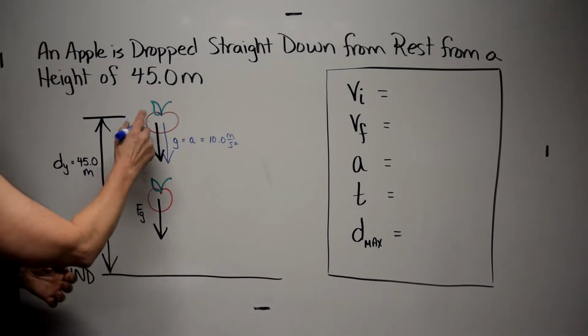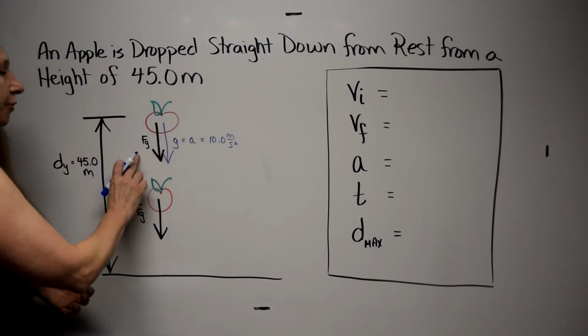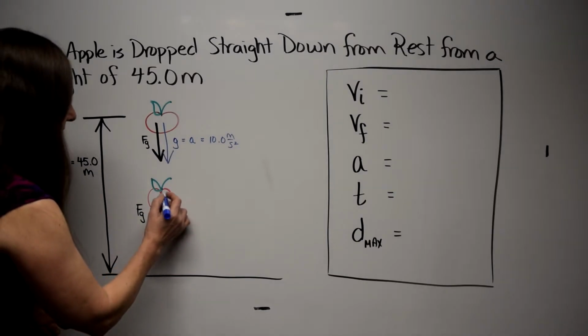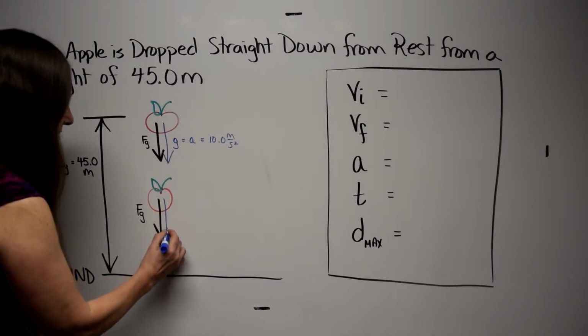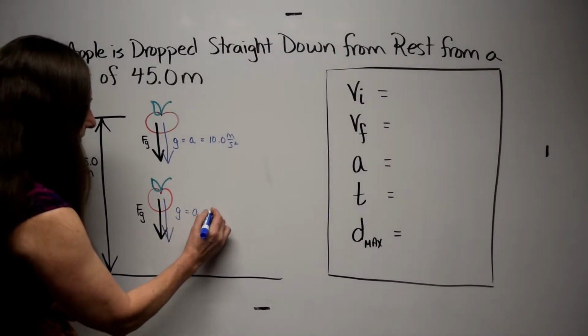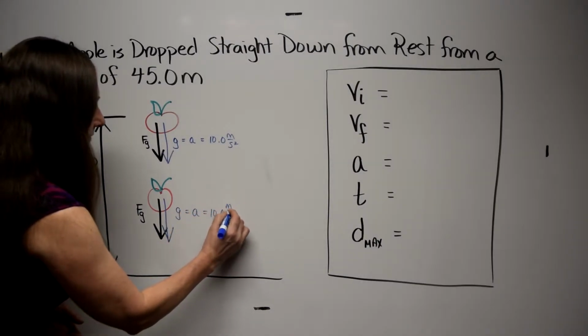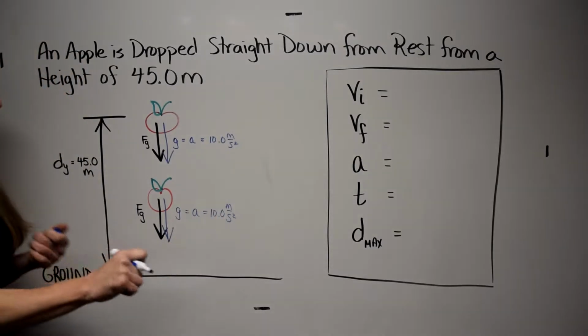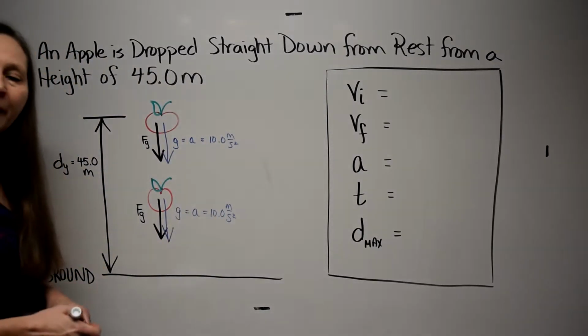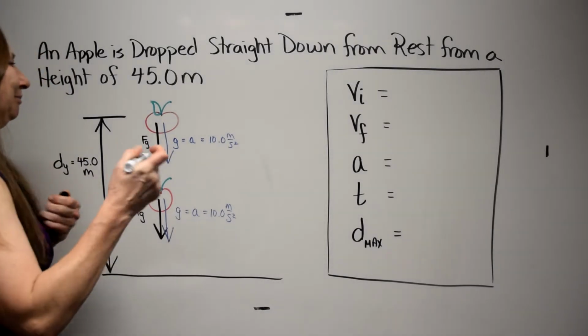So when we first let the apple go, there's a force on the apple, and the apple experiences an acceleration. As the apple falls down, there's a force on the apple, and the apple experiences an acceleration. All right, now let's take a look at what we know based upon the magic chart.